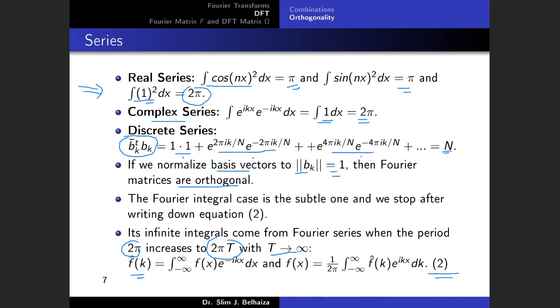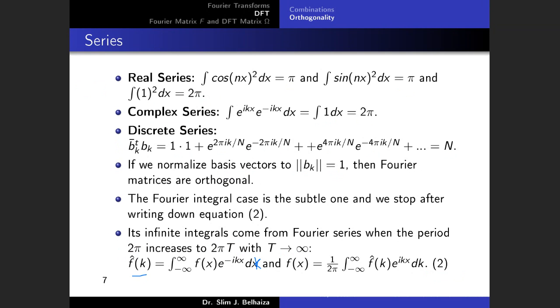So in fact, when you write f hat of k, the Fourier function here, it is the integral, as we defined before, from minus infinity to infinity of f of x e to the power minus i k x dx.